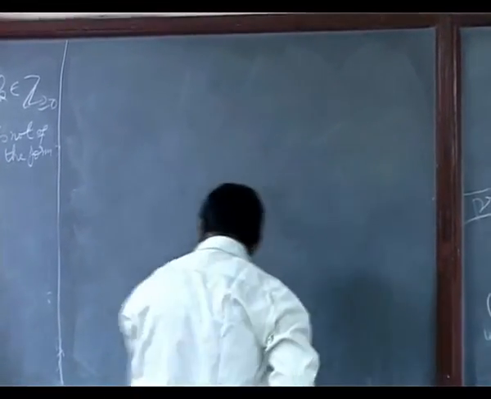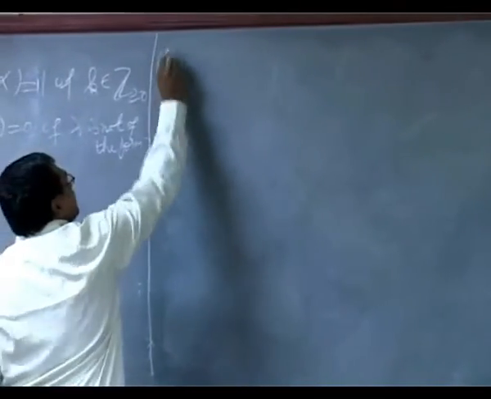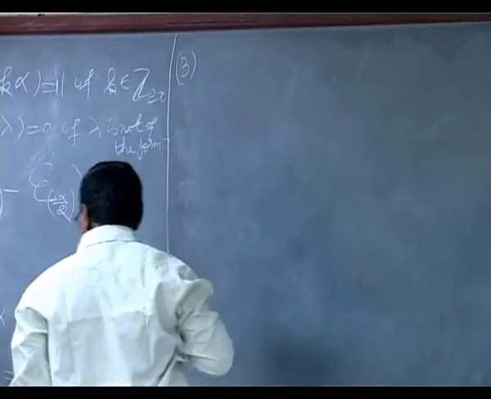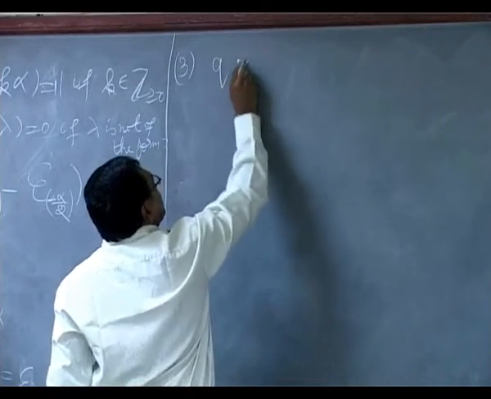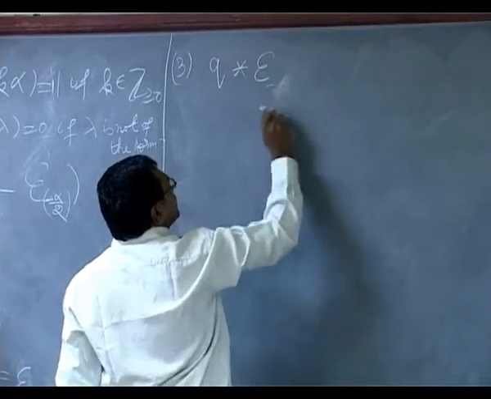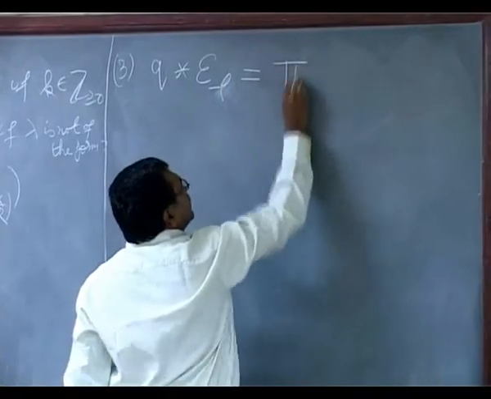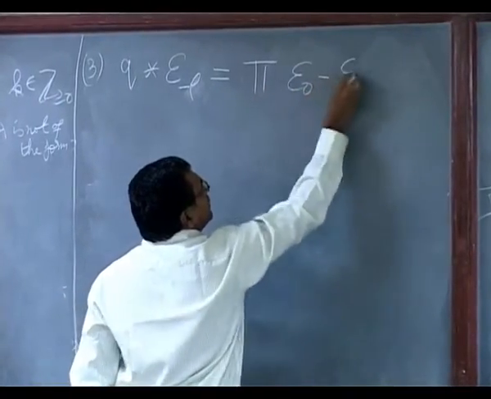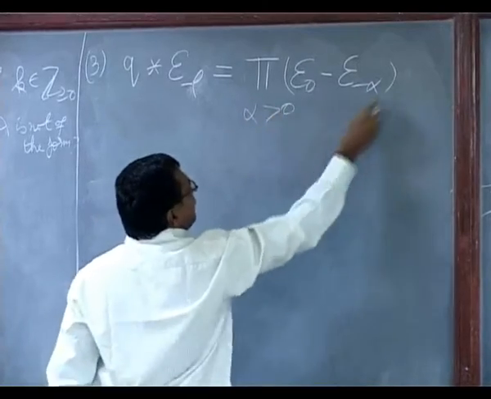Third one, q star epsilon minus rho is the product of epsilon 0 minus alpha, alpha positive.